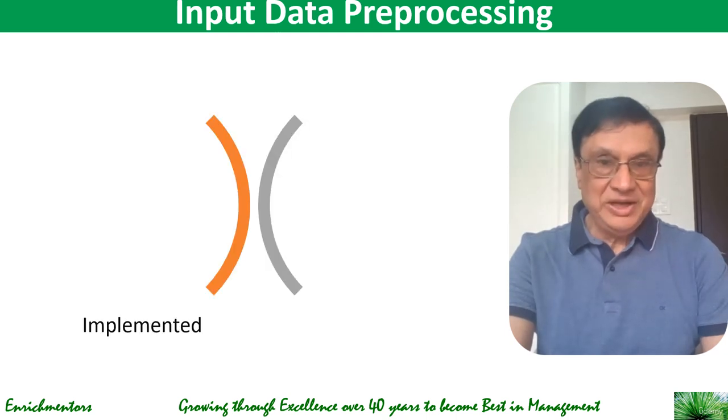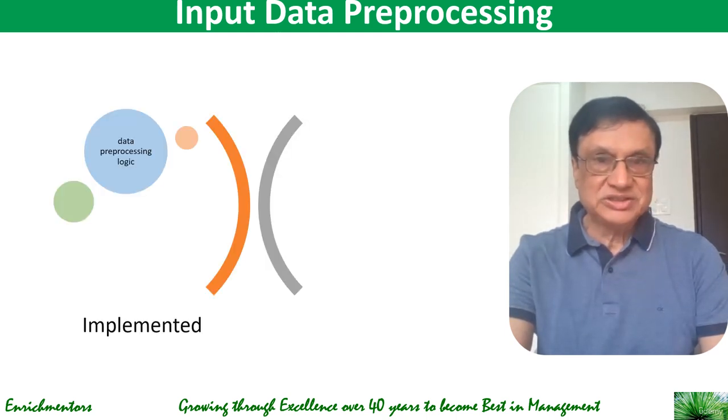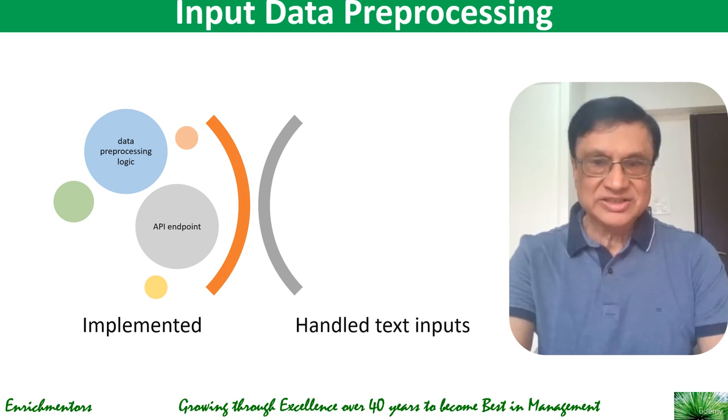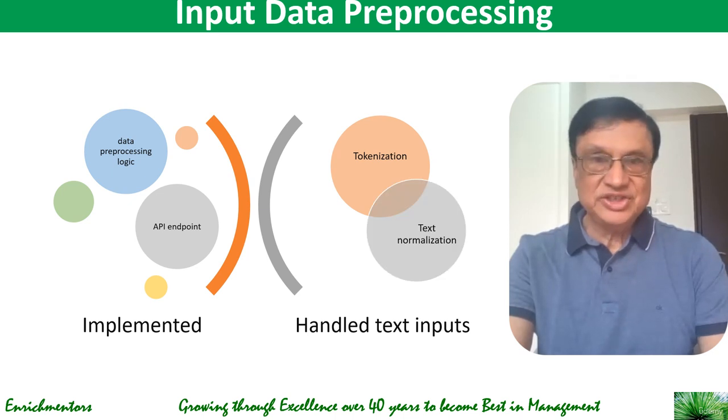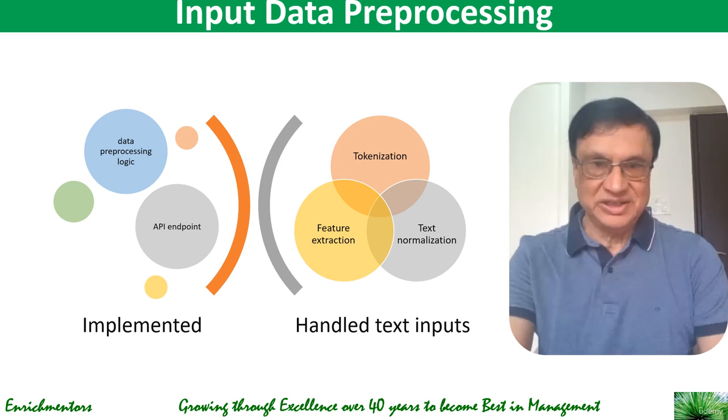Then they implemented the data processing logic within the endpoints to handle the text inputs, including tokenization, text normalization, and feature extraction. They implemented the pre-processing logic because without it, the model obviously won't run properly.